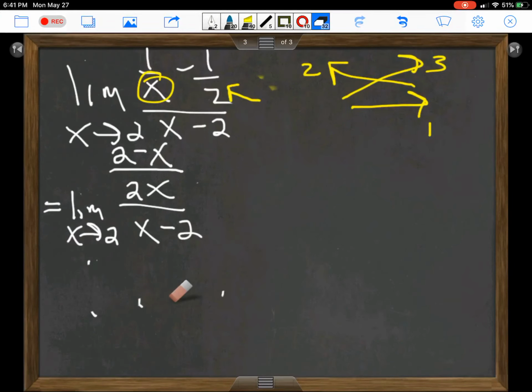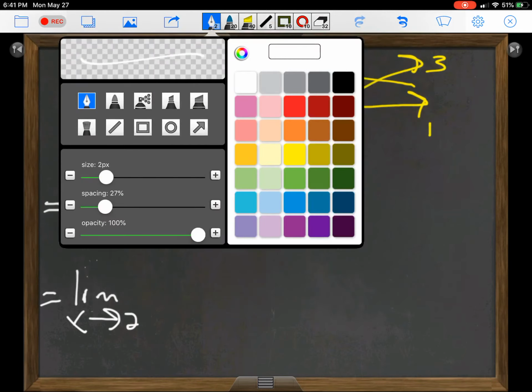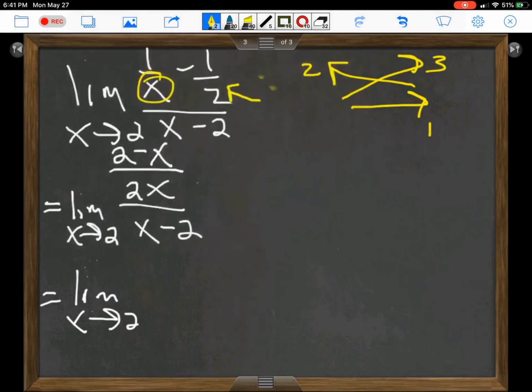I want to split this up into 2 fractions. And I'm going to show you this. Remember when we had from algebra complex fractions, a over b over c over d?